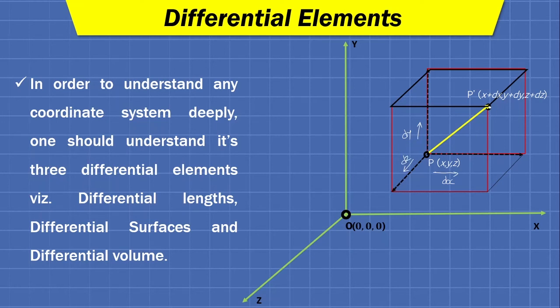Doing so, we will reach a new point which is very near to the initial point P, but it will have the coordinates P prime (x plus dx, y plus dy, z plus dz). So this parallelepiped is called the differential element in Cartesian coordinate system, and it defines various things such as length, surface, and volume, which is going to be very useful when we calculate any problem related to electromagnetics.